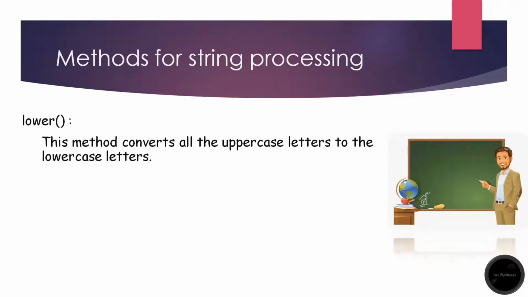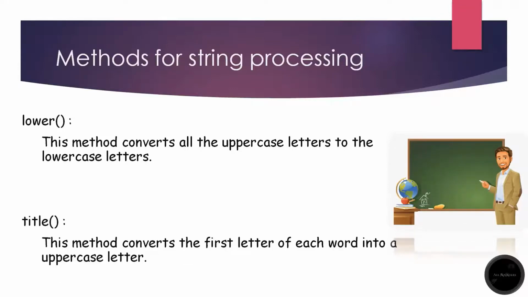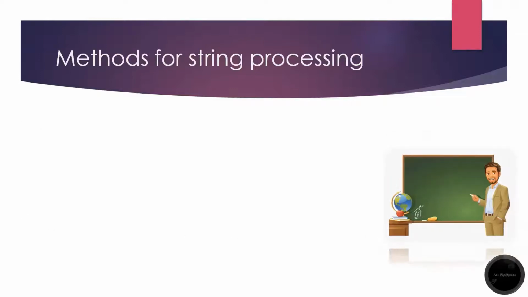This method converts all the uppercase letters to lowercase letters. Then we have title. This method converts the first letter of each word into an uppercase letter. Don't worry about these new concepts, guys. We will teach you how to use them in the implementation part later.